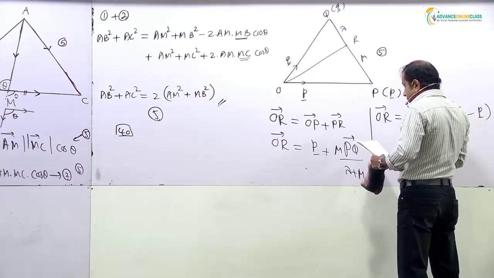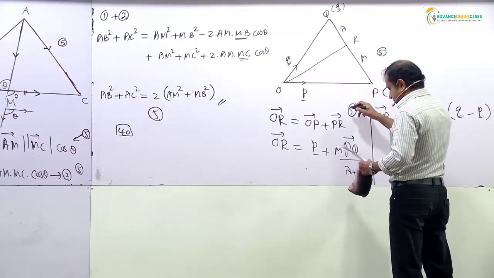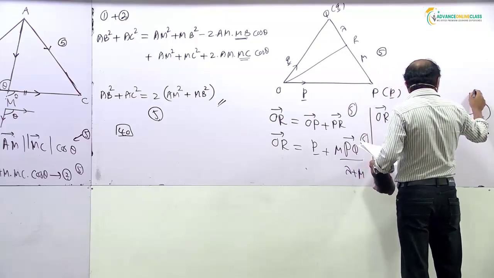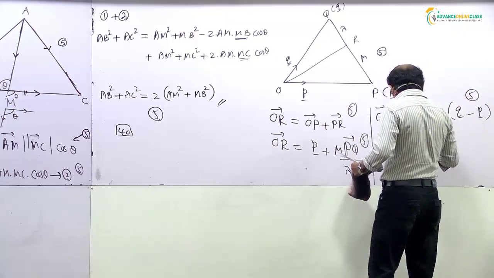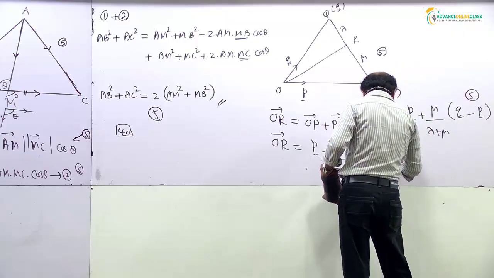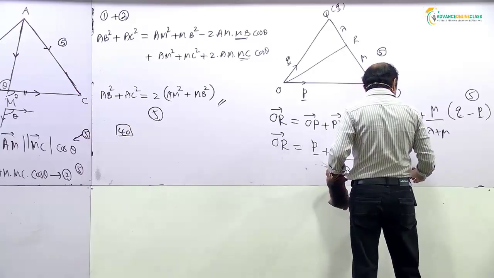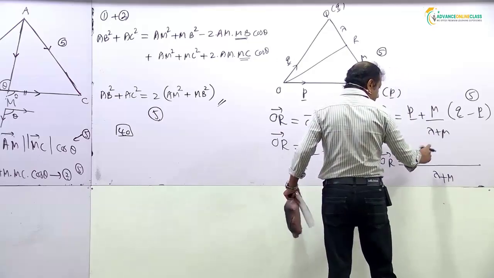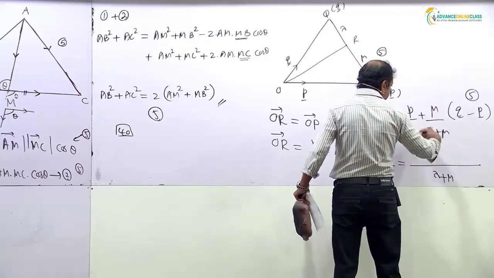Right. This is 5 marks. And simplify this. Once you simplify this, you get the required vector. Take lambda plus mu as the common denominator, multiply this and simplify with this.